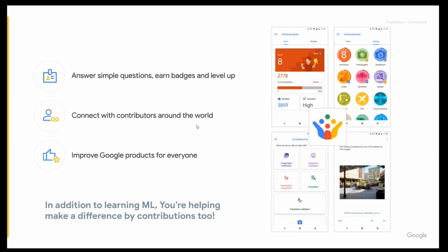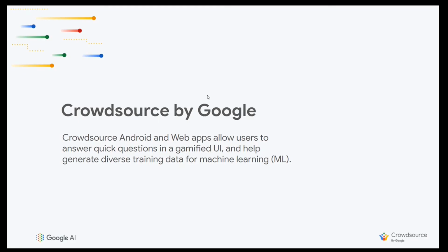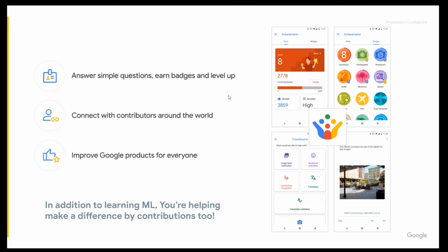And here you can earn badges and you can level up based on your contribution to Google crowdsource. This would be more of a volunteering effort, and this would place you on a leaderboard with other contributors around the world, and you can connect with other contributors, and based on your level you get promoted on Facebook and different social media networks.